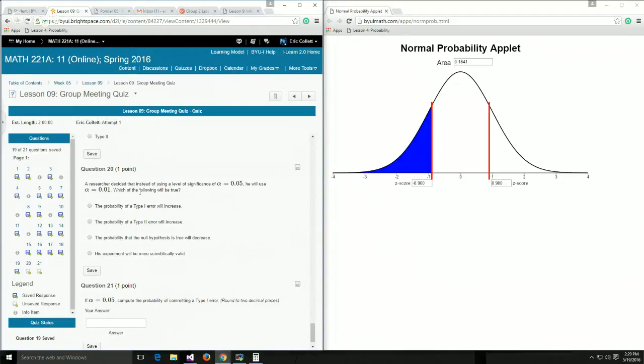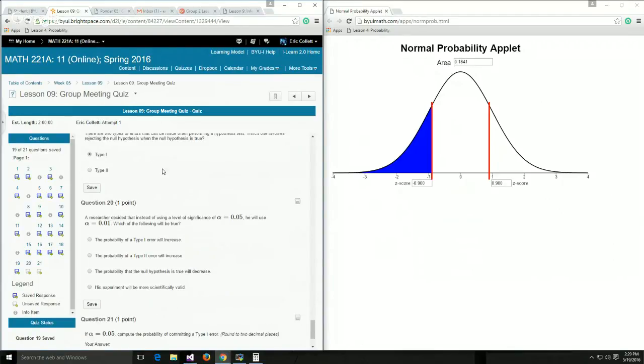So 19 is Type I. So for 20, he's going to end up having a harder time making his alternate hypothesis.